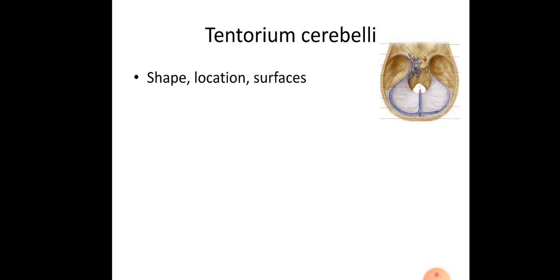Surfaces, it has a superior and inferior surface. Now about the borders. It has a posterior border which is attached to the bone, and an anterior border which is free. So you can say posterior border as the attached border, and the anterior as the free border.